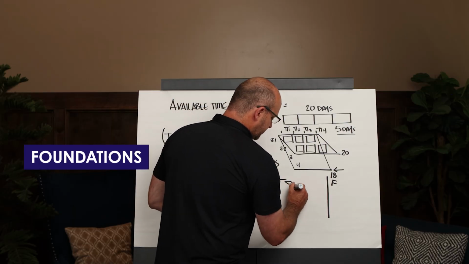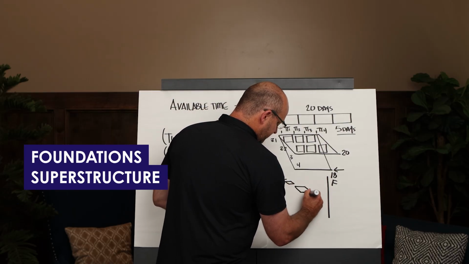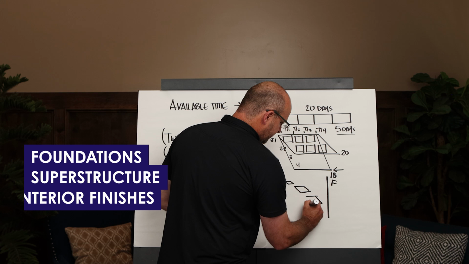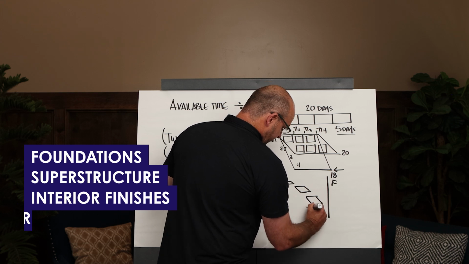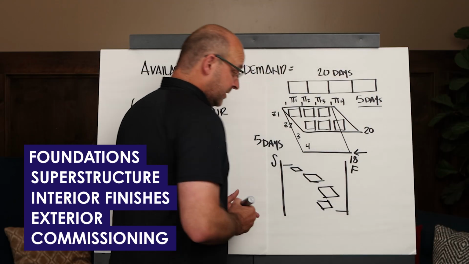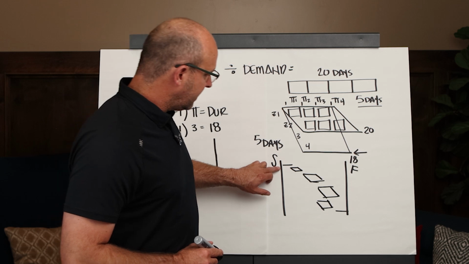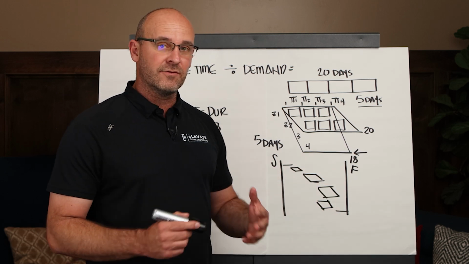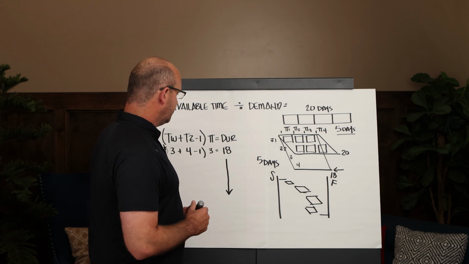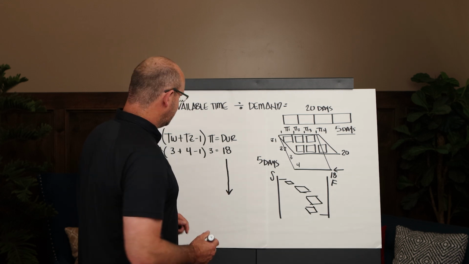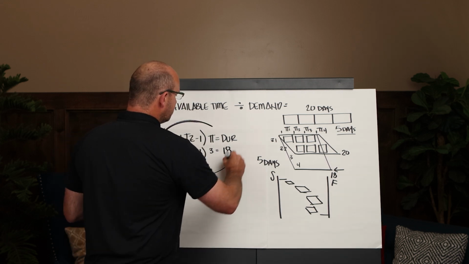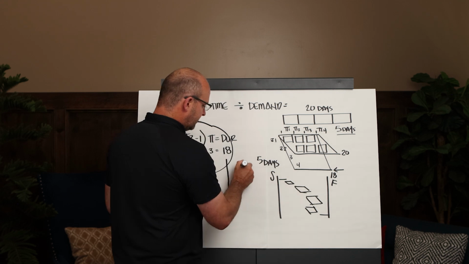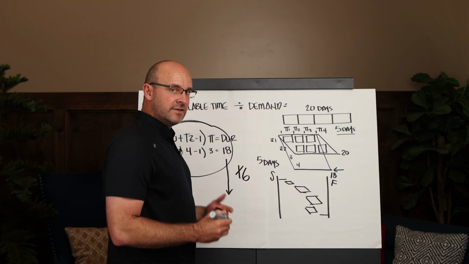You have your foundations, your superstructure, your interior finishes, your exterior, and then you'll have commissioning. So it's not one takt time from here to here. We have 1, 2, 3, 4, 5, 6 different phases. And so what we get to do is do this math by phase. So I'll say 6 different times.